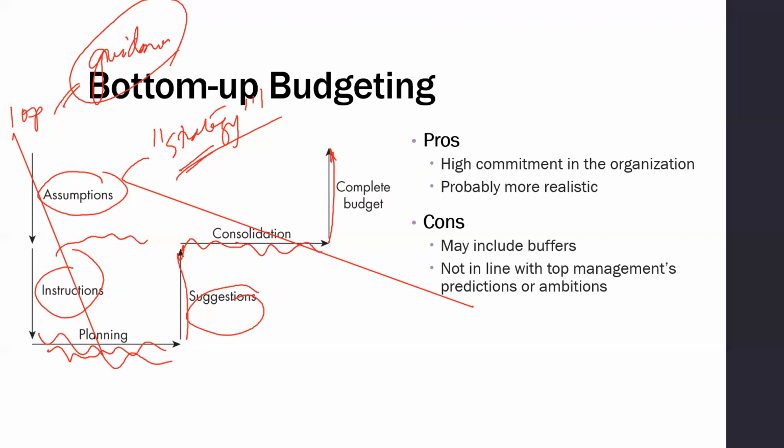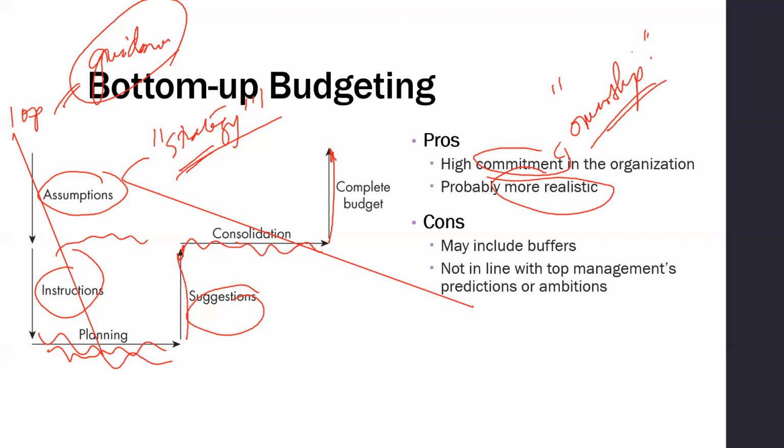No? And so they have high commitment because they have ownership in the output. Right? They own the budget. So therefore, there's a higher chance that they will be able to implement it. Okay? And it's probably more realistic because it came from the ground.